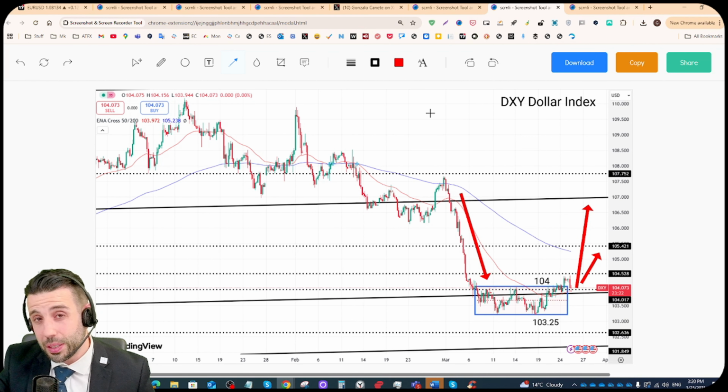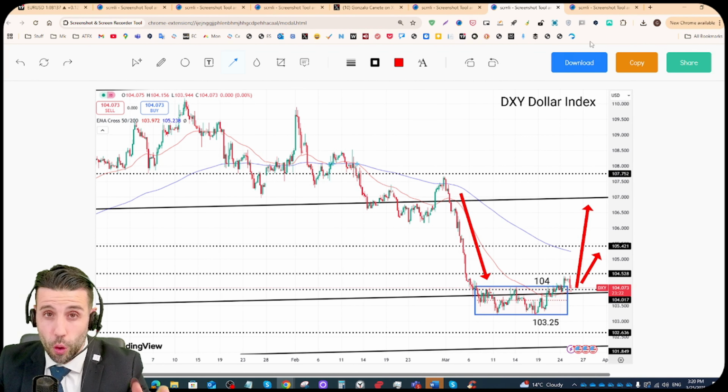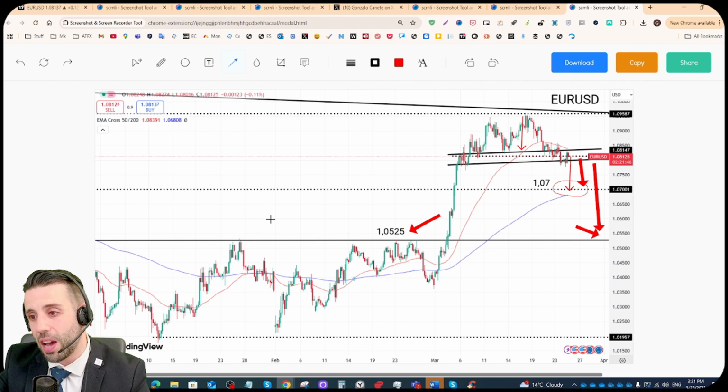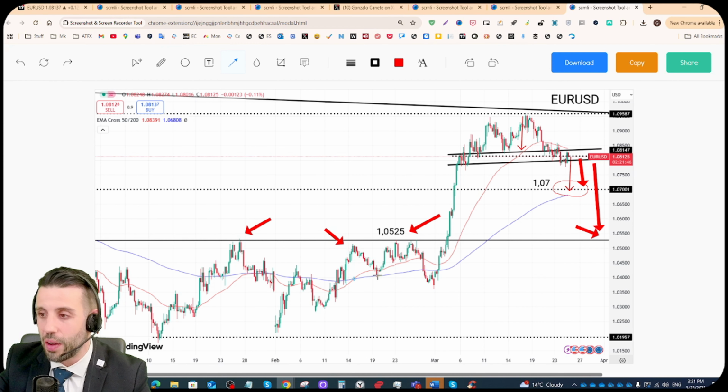If that happens, pay attention to the next chart, euro dollar. Super bearish pattern in euro dollar, because if that happens, it means that forget about 108, 108.50, it is dropping to 107 and even to 105. This level, 105.25 or 105, simply like that.